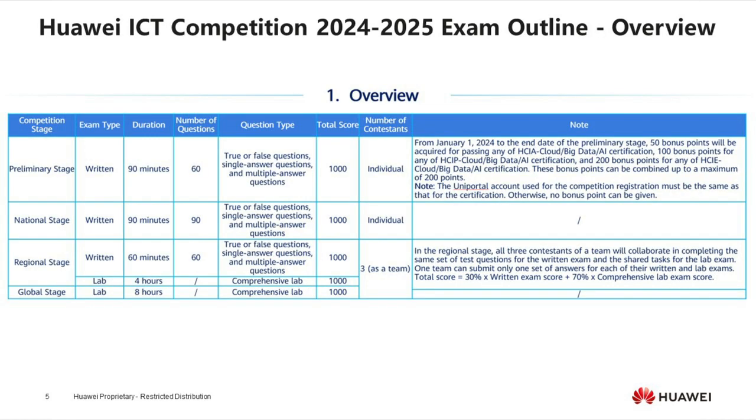First of all, there is an overview of different stages. I'm not going to read them over again. However, there is something you need to be careful about here. You need to pay attention here, which says that from January 1st, 2024 to the end of the preliminary stage, you will be able to get extra bonus points by getting Huawei HCIA, HCIP, or HCIE certification.